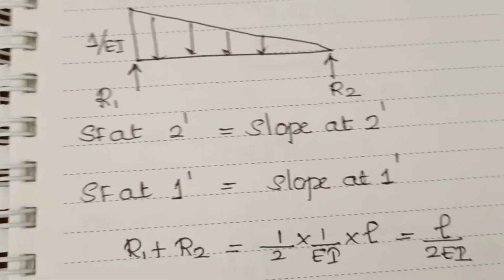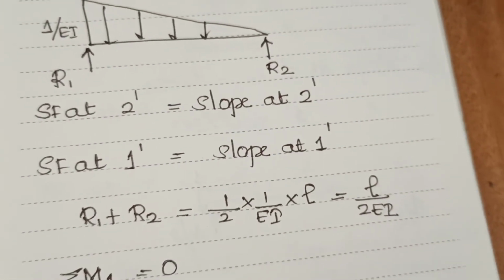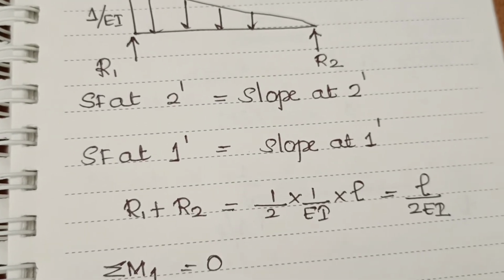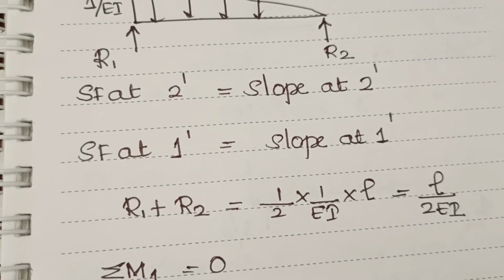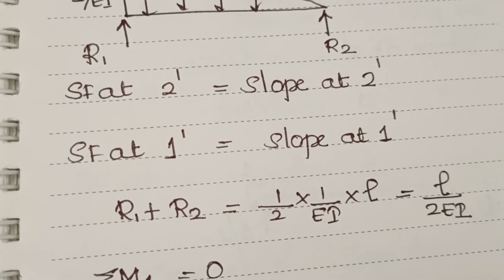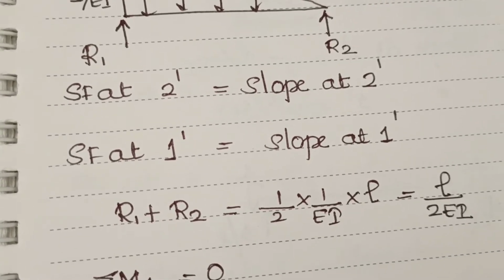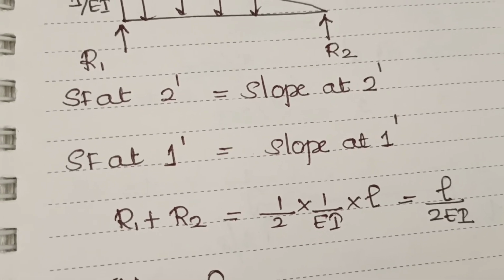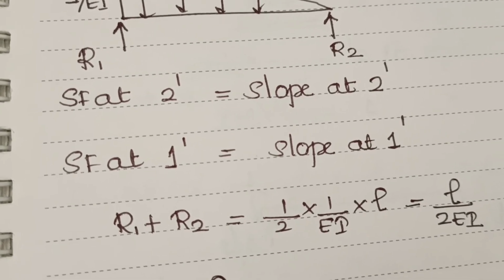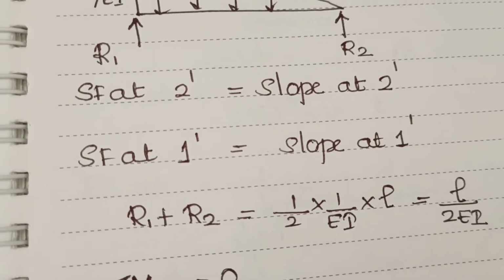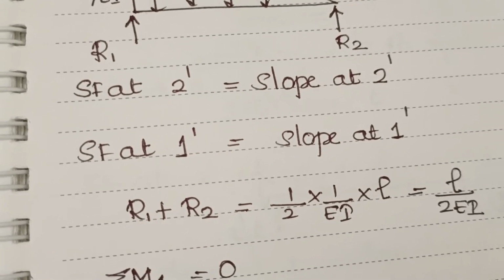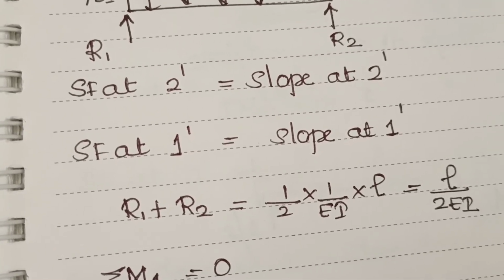Hence, we need to calculate the slope at 1 and 2, that is, we have to find out the shear force at 1 and 2. So, it is a simple structure loaded with a triangular shape loading. Hence, the shear force at 2 dash will be the slope at 2 dash and shear force at 1 dash will be the slope at 1 dash.